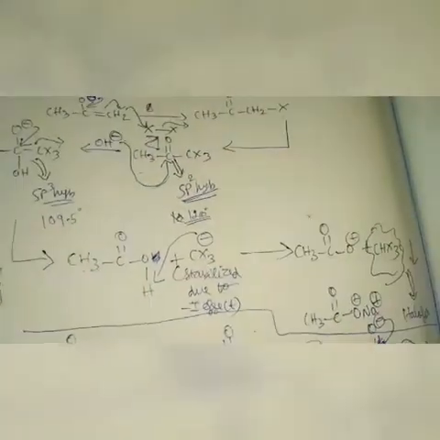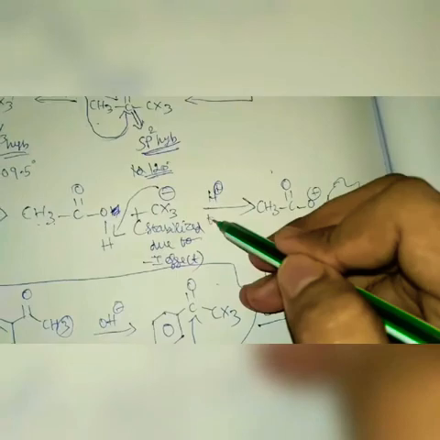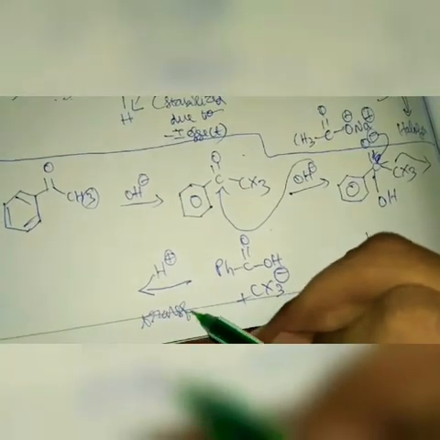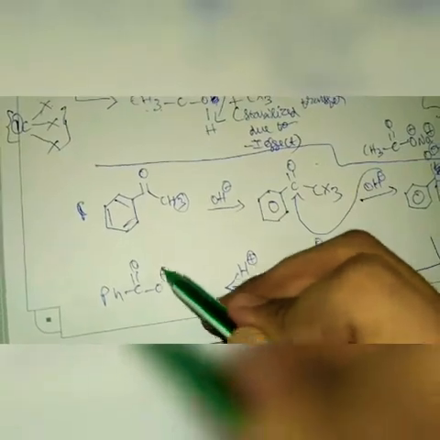Proton transfer takes place right here, H plus transfer, and here also H plus transfer takes place. It will become Ph, C double bond O minus plus CHX3. Do you understand? Seeing these types of reactions, you understand one thing: only methyl ketones are able to give this kind of haloform reaction.